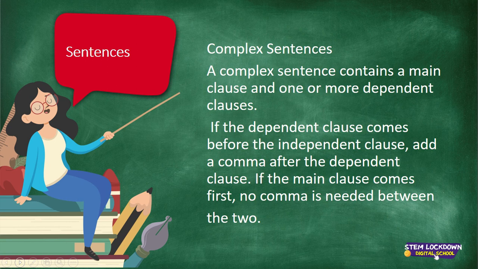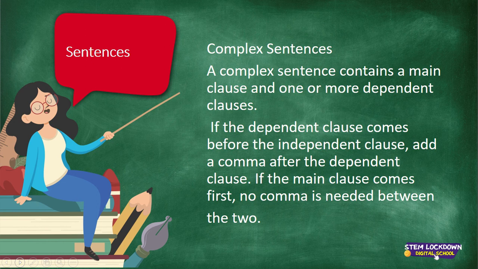Okay, let's continue with our third type of sentence, complex sentences. Complex sentences contain a main clause and one or more dependent clauses. Okay, if the dependent clause comes before the independent clause, add a comma after the dependent clause. If the main clause comes first, the comma is not needed between the two.